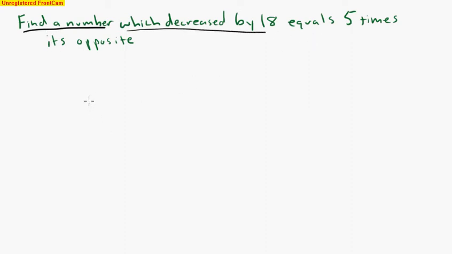So find a number that when you decrease it by 18, it equals 5 times its opposite. Its opposite would be negative n. Let's reread that. Find a number which, when decreased by 18, equals 5 times its opposite. So I think we're correct here.